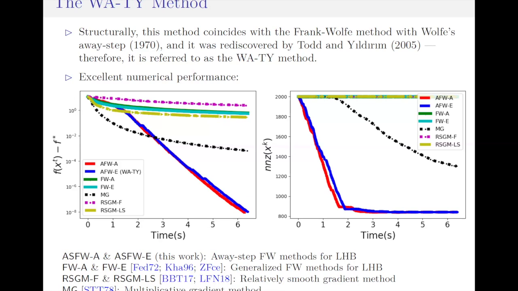The number of non-zeros remains at the initial one, which is 2000. But as you can see, this away-step method drastically reduced the number of non-zero iterates to around 800. In terms of sparsity, it also has much superior performance compared to the other first-order methods. Because of all this superior numerical performance, the study of this away-step Frank-Wolfe method is worthwhile.